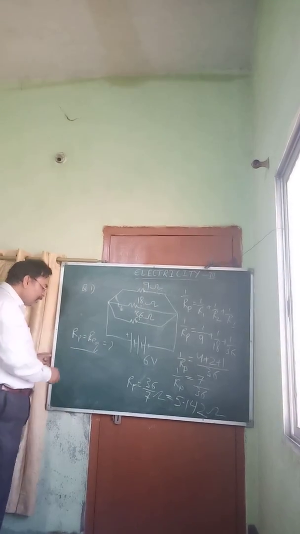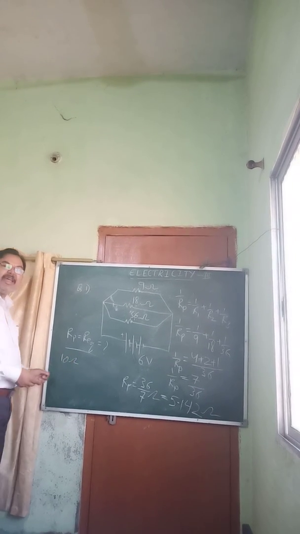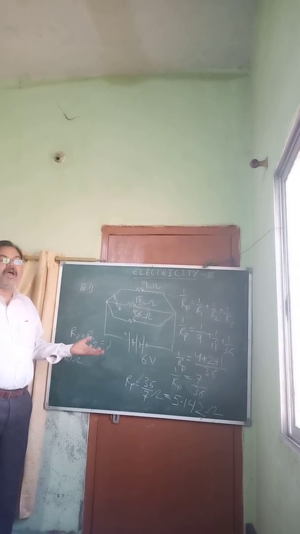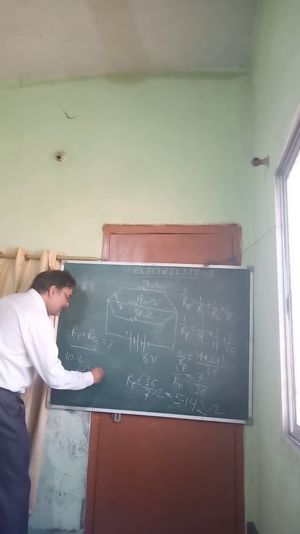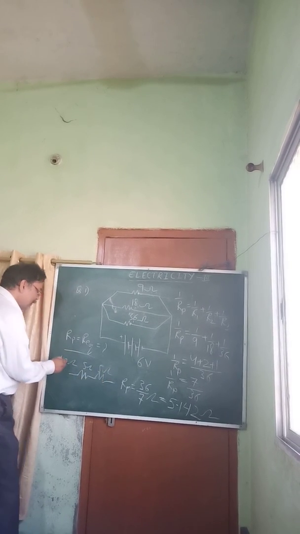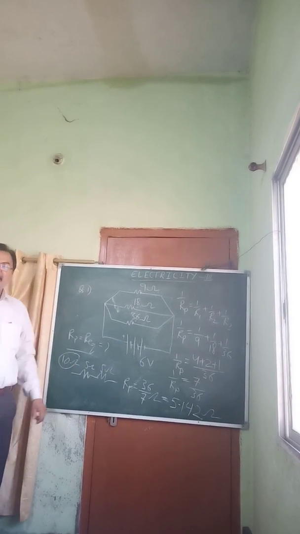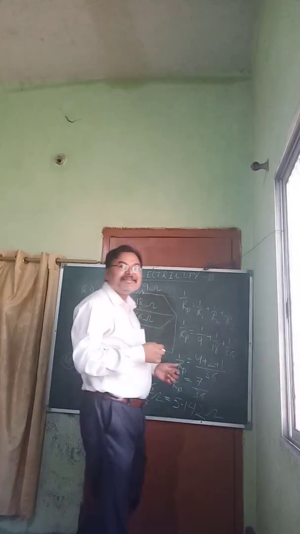Suppose in a circuit you want a resistance of 10 ohm, but you have only 5 ohm resistors. So simply you can connect two 5 ohm resistors in series, 5 ohm, 5 ohm, to get 10 ohm. So series combination increases the resistance.